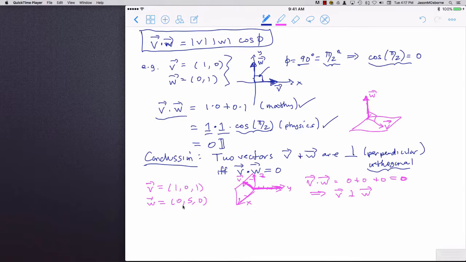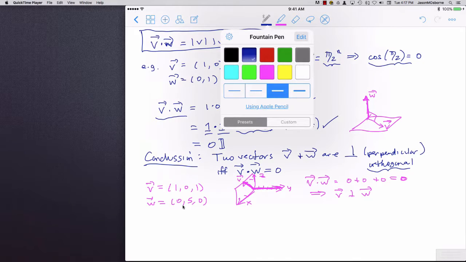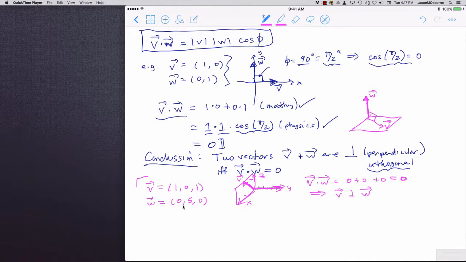So you can see maybe another example here in pink, that if your vectors v and w were these two, compute the dot product via the mathy way, you would get 1 multiplied by 0. This 0 is coming from 0 times 5. This 0 is coming from 1 times 0. If you compute these numbers and add them, you get 0. So according to this result that we've got, we know that v is perpendicular to w.